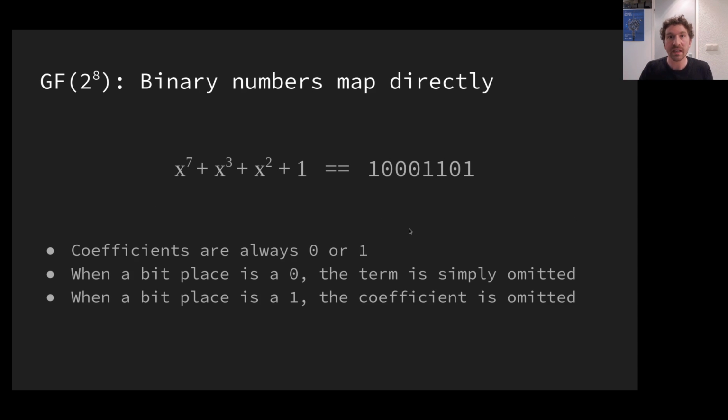In the case of GF2 to the 8, these map directly onto bits in a binary number. So this polynomial expression here is equivalent to this binary number. To read this out, we have an x to the 7 here, which represents bit 7 over here, from bit 0, 1, 2, 3, 4, etc. up to 7.